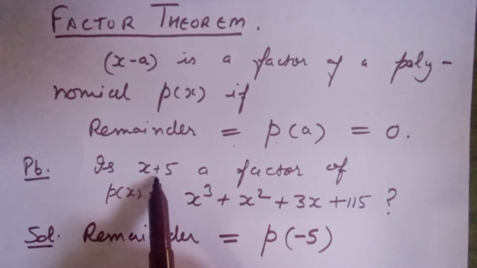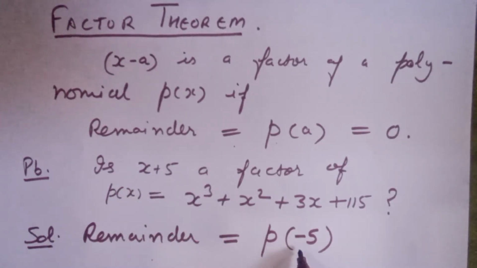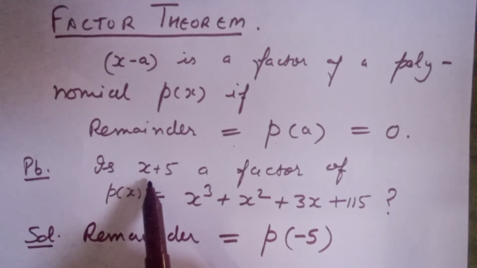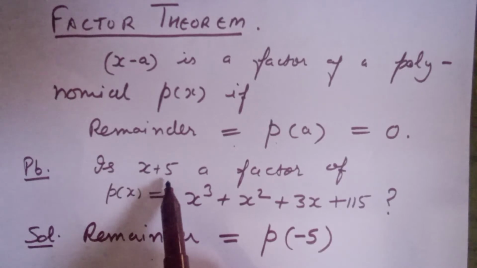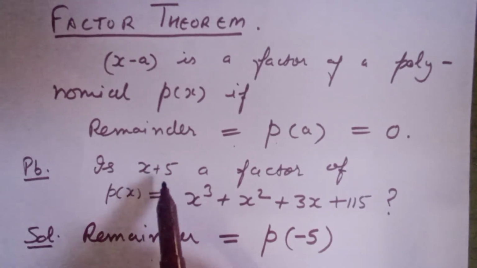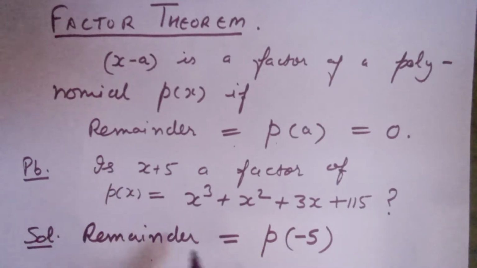If here it is minus, then there it will be plus. How does that come? When we put x plus 5 equal to 0, we find the value of x is minus 5. That value we put here. So the remainder is p(minus 5). Let us find the remainder.